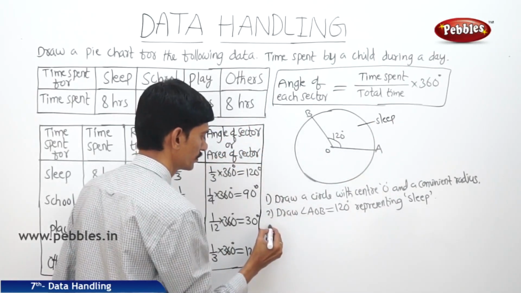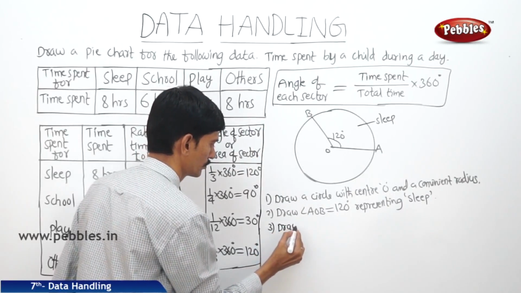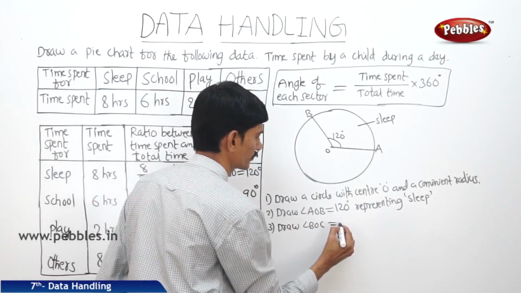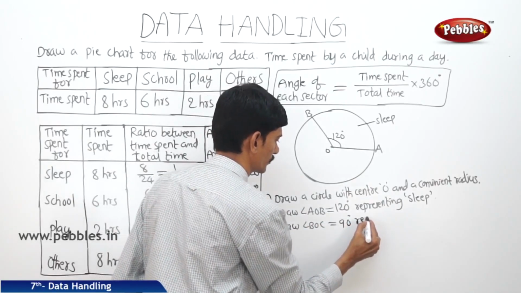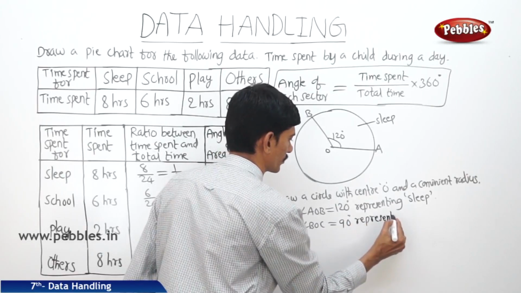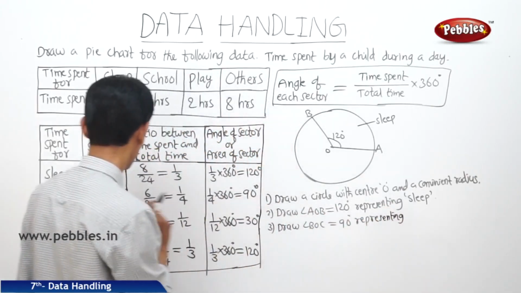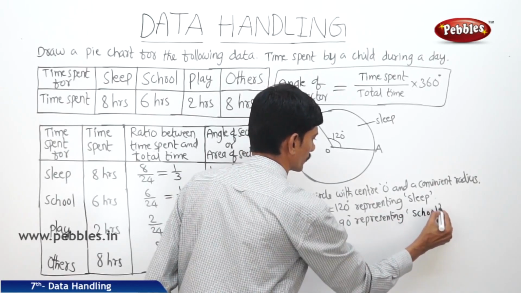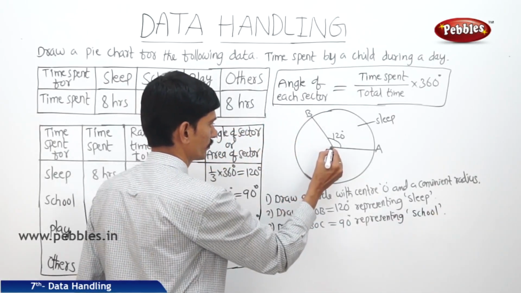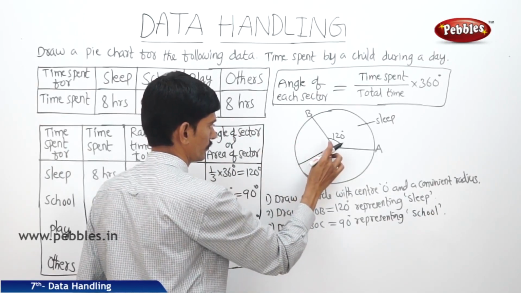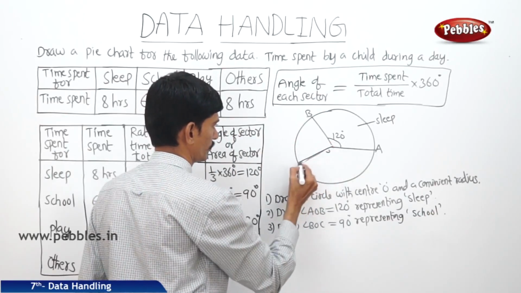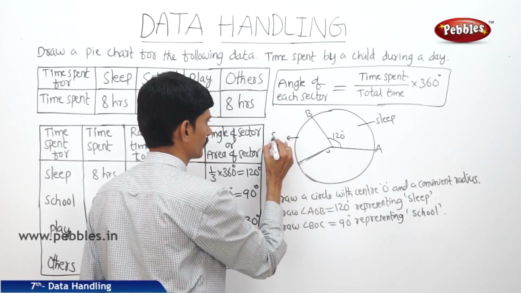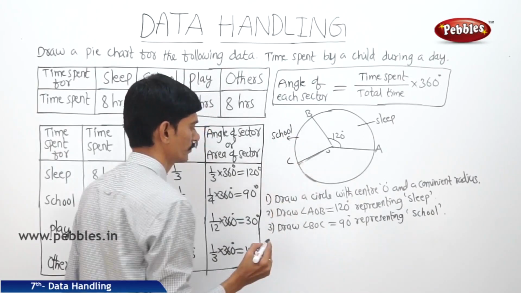Now draw angle BOC equals 90 degrees, representing the second one, school. So this represents school.